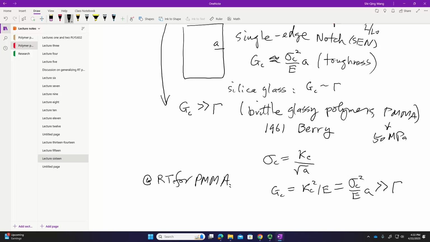So there's no ambiguity. It's below BDT, so it's truly in the brittle region.